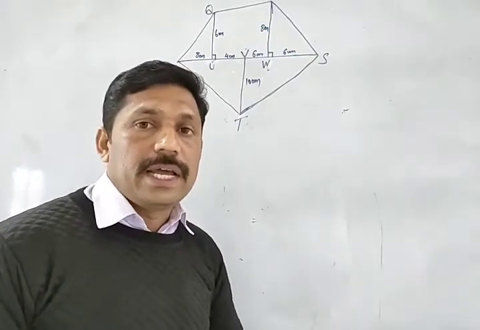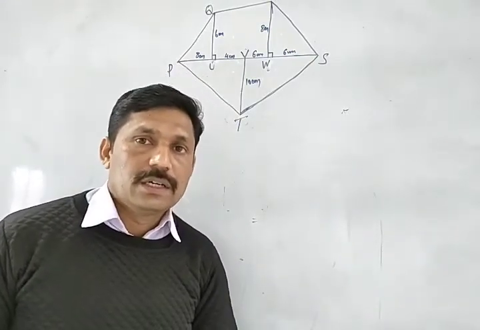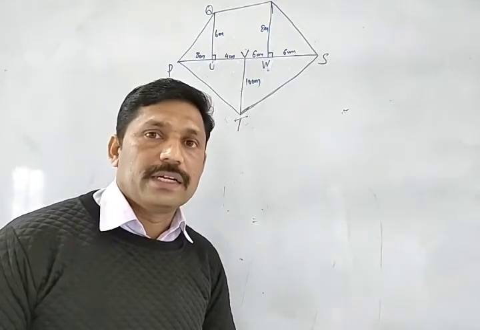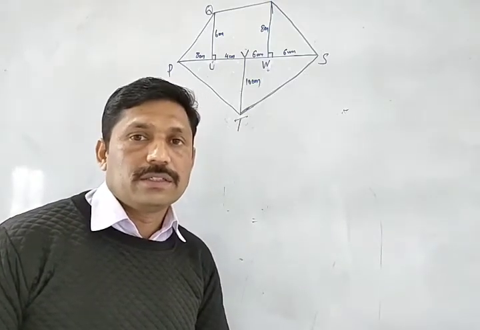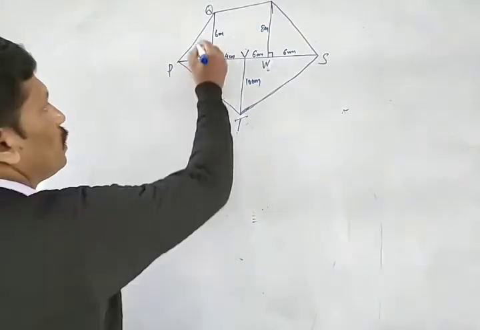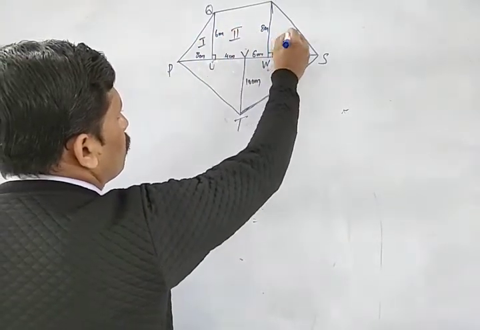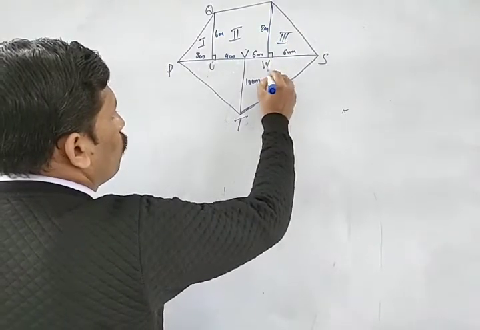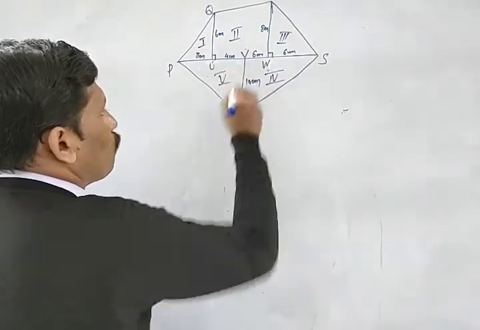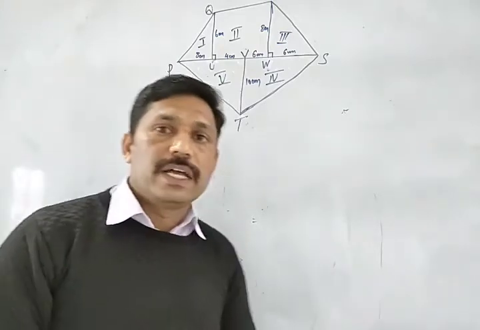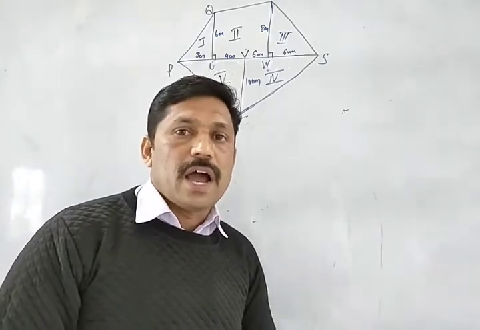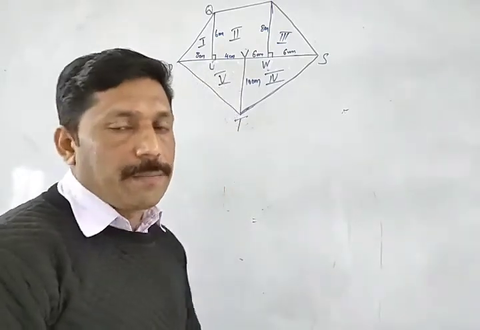If we find the area of all these figures and add them, we get the total area. So this is figure number 1, figure number 2, figure number 3, figure number 4, and figure number 5. Total 5 figures are there. Of these, 4 figures are triangles and 1 figure is a trapezium.